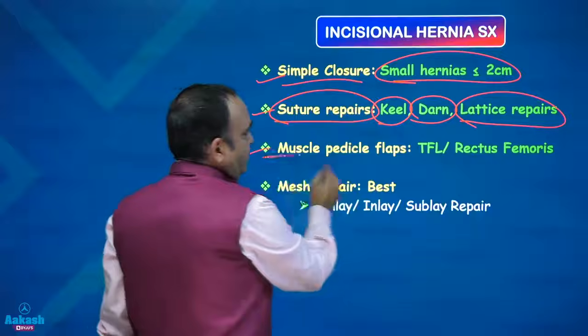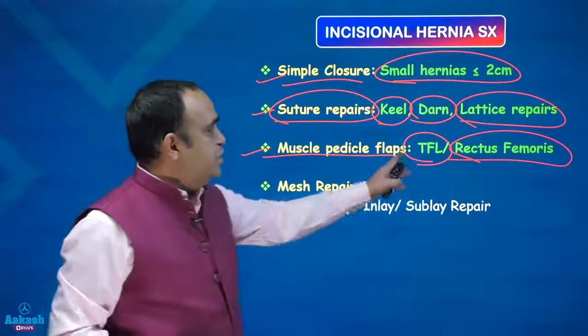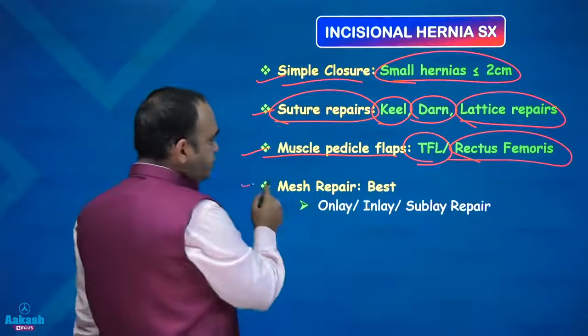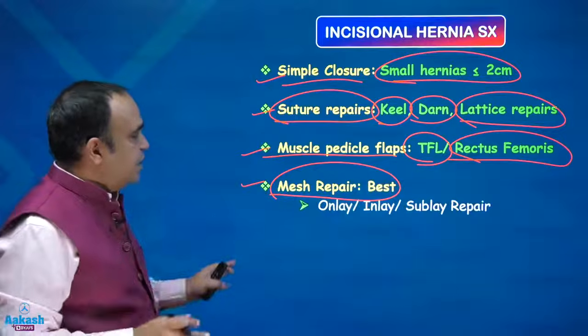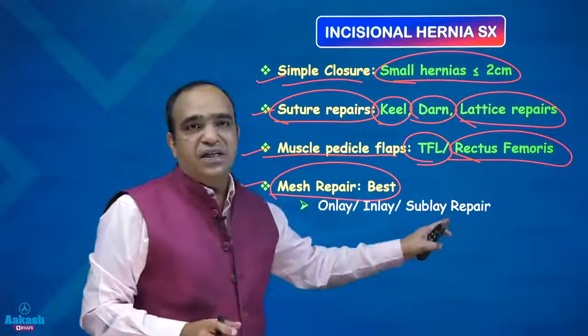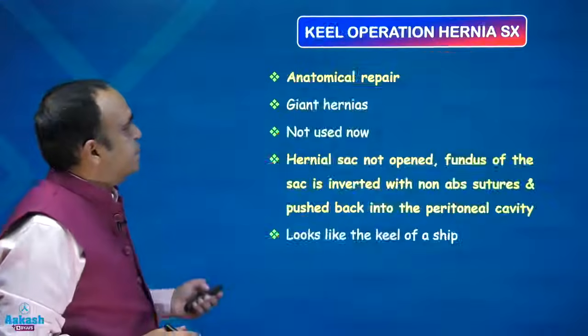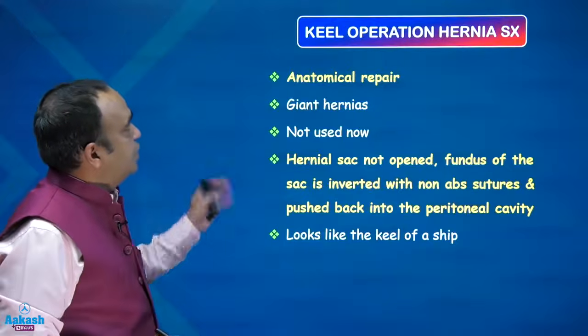Now muscle pedicle flap repairs, just for theoretical purposes, we can use tensor fasciae lata or rectus femoris muscle pedicle flaps. Best is, like before we have been discussing for other hernias, mesh repairs. The technique is the same, onlay, inlay or sublay, like we have just discussed. Just the few names like we saw in the previous slide.